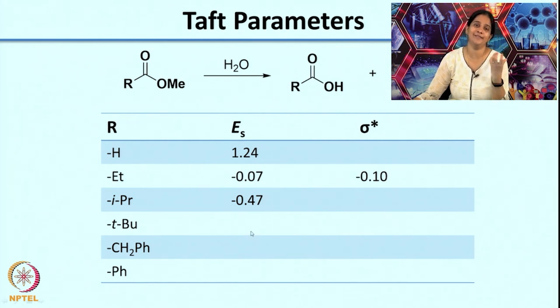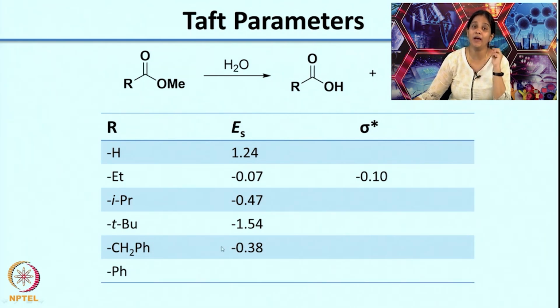T-butyl now, as you know, is known to be super bulky, so you would see a much larger value, it is minus 1.54. So it shows you how bulky T-butyl is and how small hydrogen is. Now what about the benzyl group? Benzyl group comes out to be somewhere between isopropyl and ethyl.